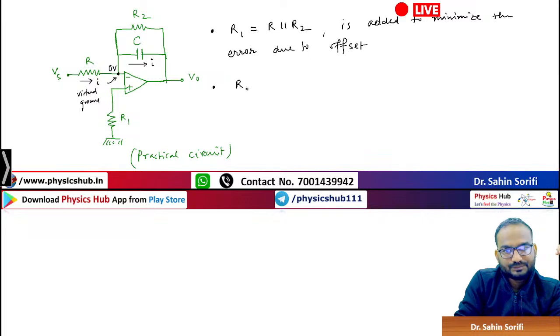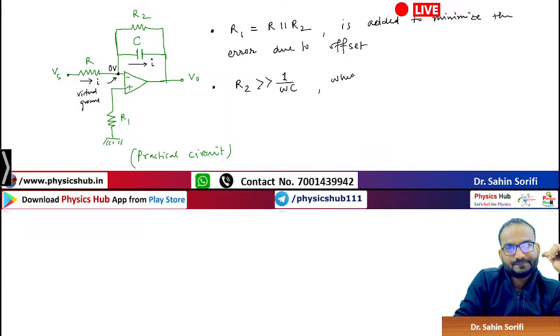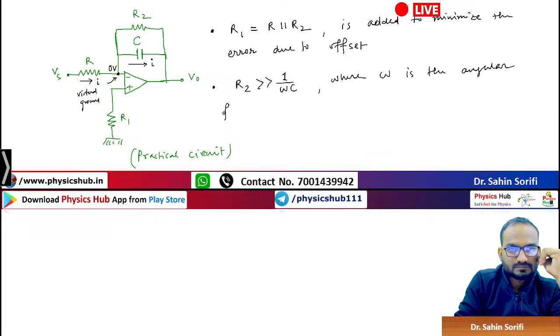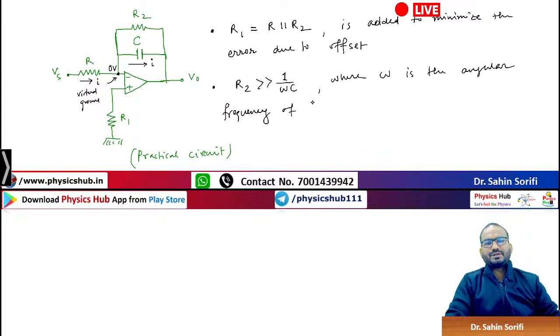Now R2 is chosen in such a way that it is much greater than 1 upon omega C, where omega is the angular frequency of the input signal.